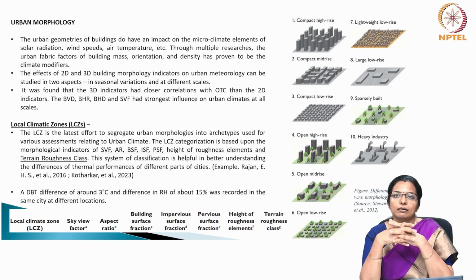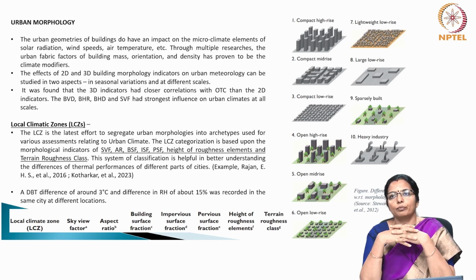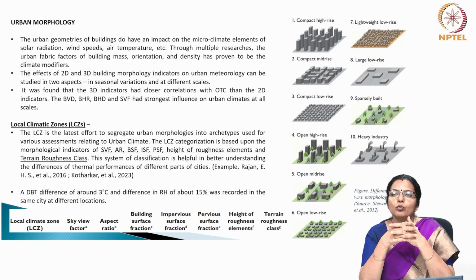Let's look at urban morphology. The urban geometries of buildings do have an impact on the microclimate elements of solar radiation, wind speeds, air temperature, etc. Through multiple researches, the urban fabric factors of building mass, orientation, and density have proven to be climate modifiers.